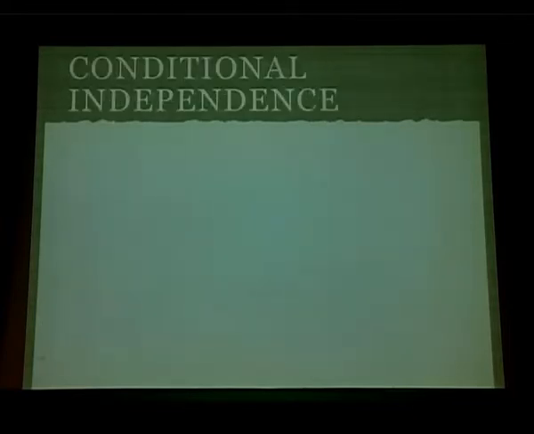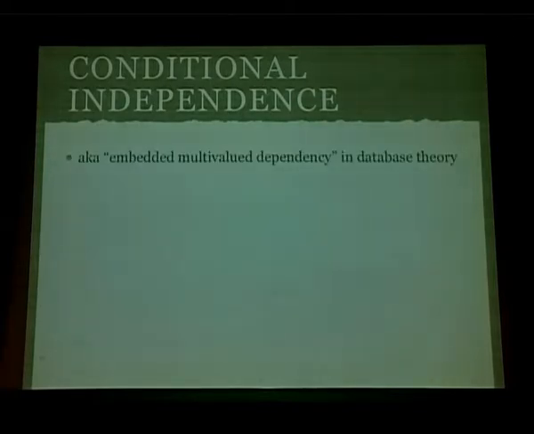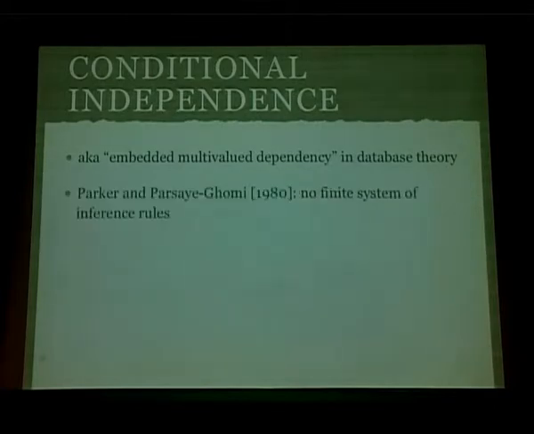And what else is interesting is that this relation, conditional independence, it turns out, has been studied a lot in database theory, where it's known under a not at least very intuitive to me name, embedded multivalued dependency. And in 1980, Parker and Parsaye-Ghomi proved that there is no finite system of inference rules for this relation.